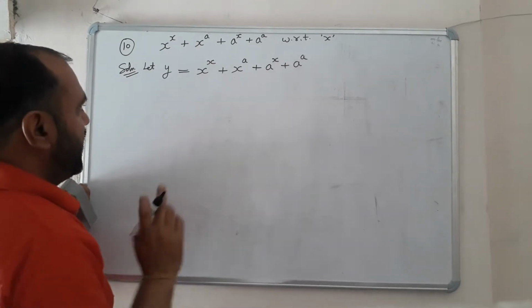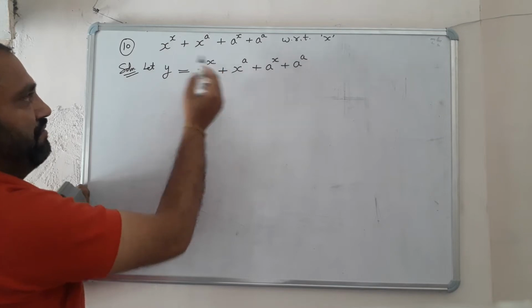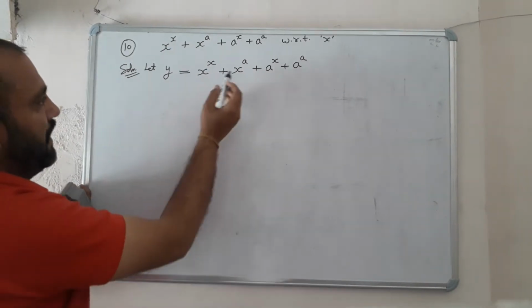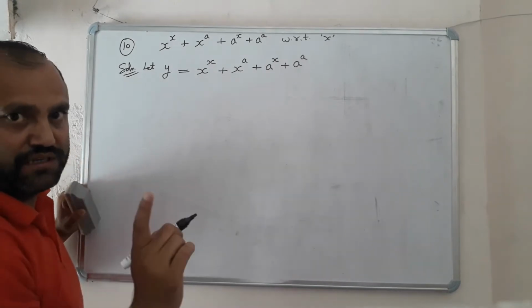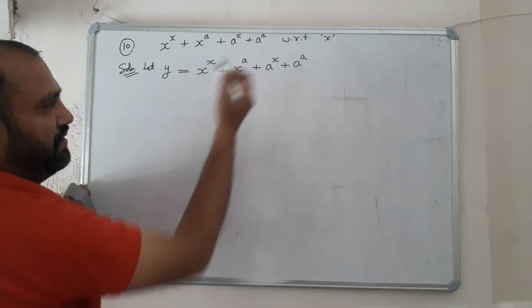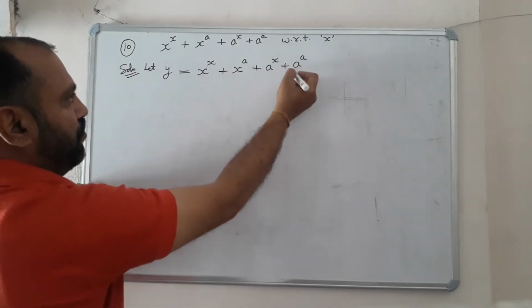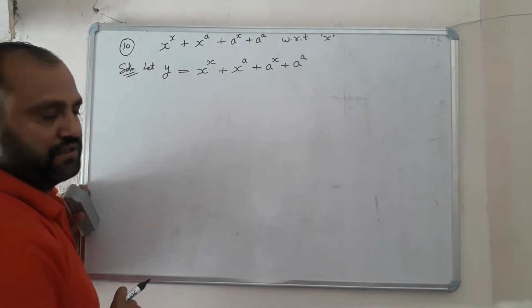Right? As you know, this is a variable power variable, and this function is variable power constant. A is constant, x is the variable. This is constant power variable, and this whole constant power constant, so this is constant.